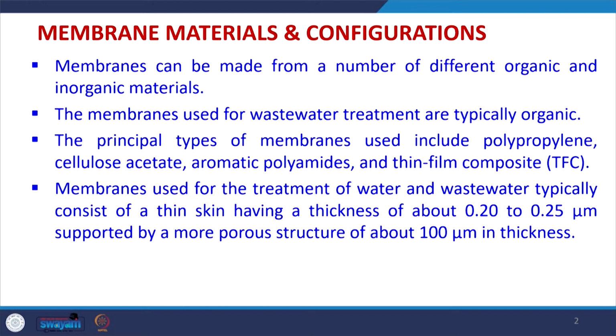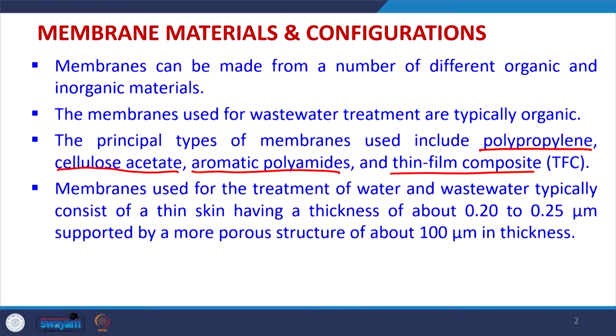The principal types of membrane used in wastewater treatment include those made from polypropylene, cellulose acetate, aromatic polyamides, and then we have thin film composites. All these different types of membranes can be used for separation of different materials from the water.